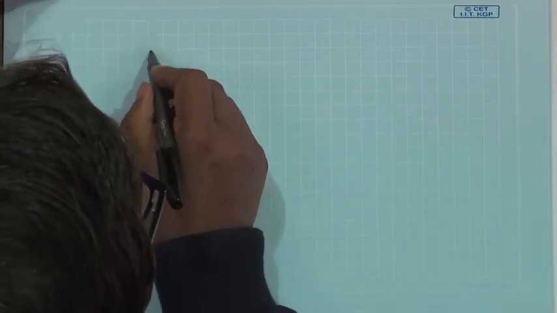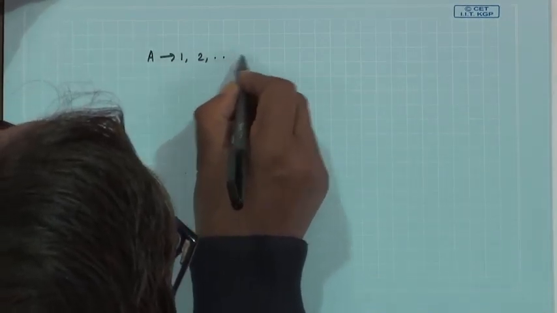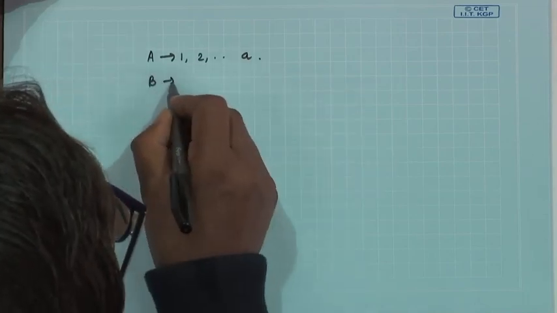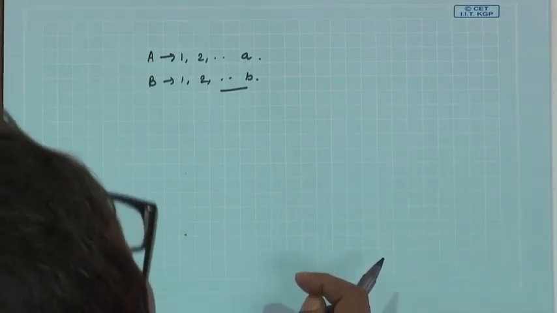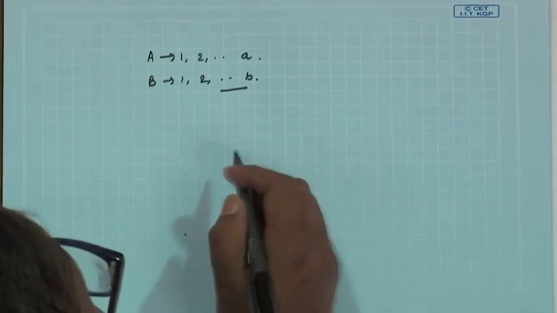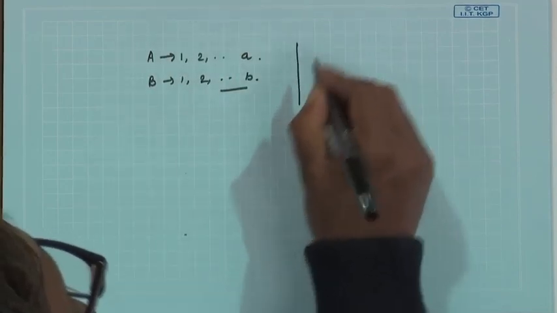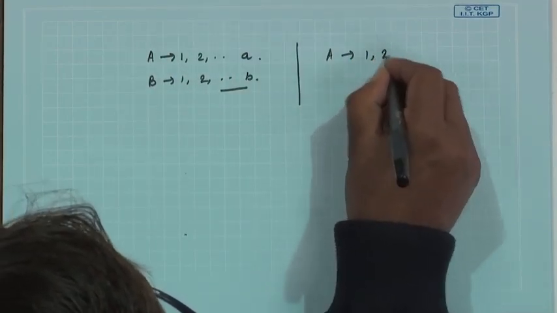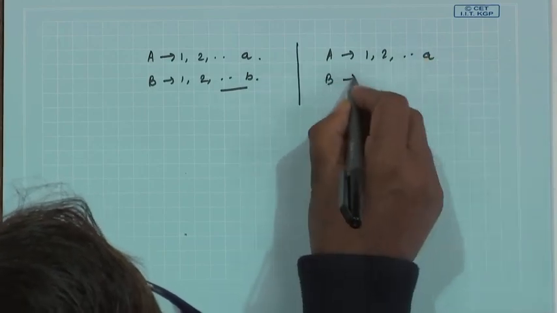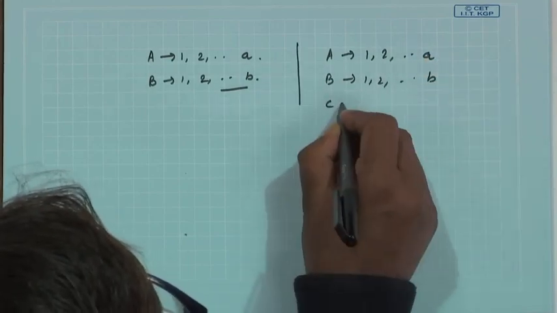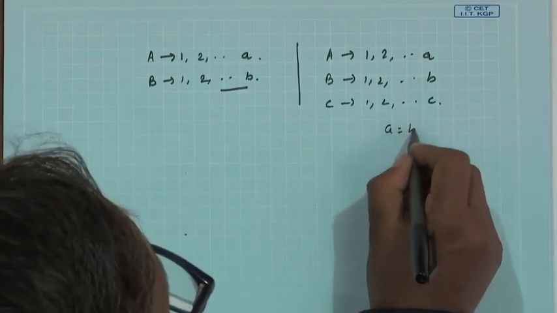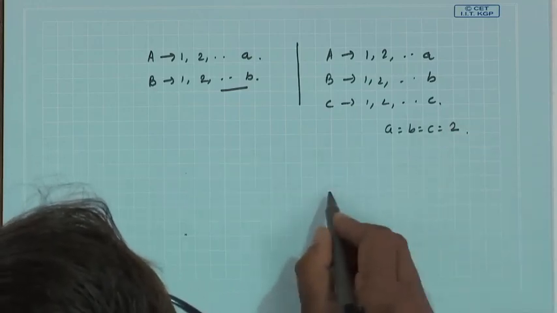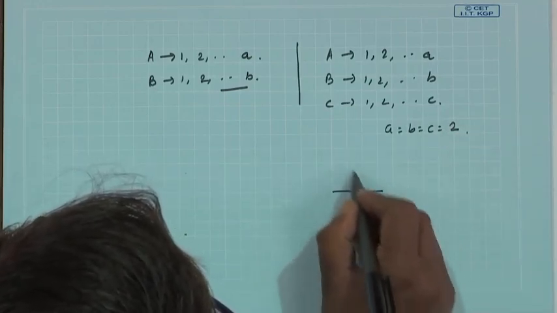But it can be something like this: A with 1 to a levels, B also with 1 to b levels. There can also be 3 factors, A with 1 to a levels, B with 1 to b levels, C with 1 to c levels. Suppose A equal to B equal to C equal to 2, then the experimental settings will be a cube.